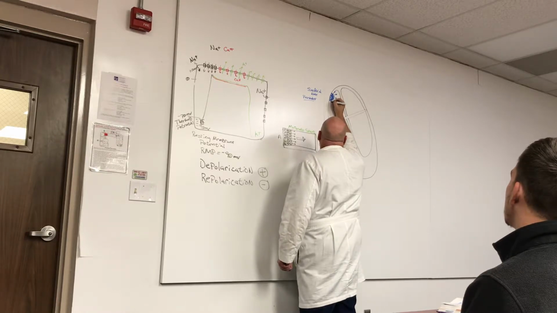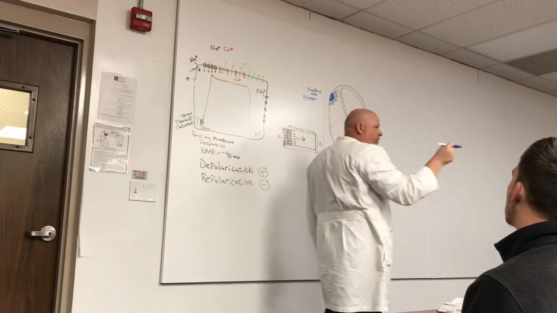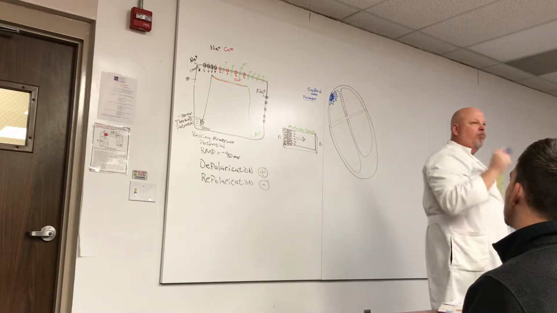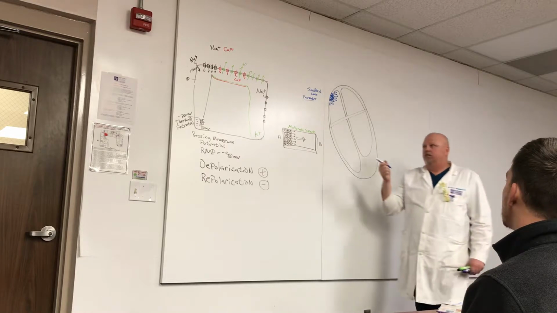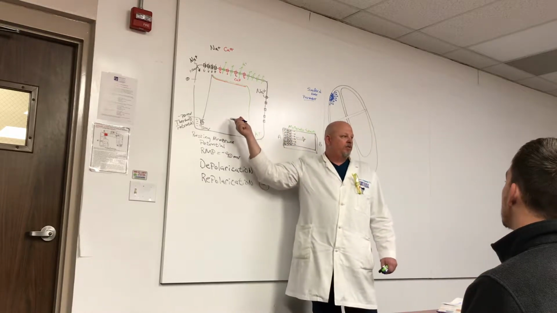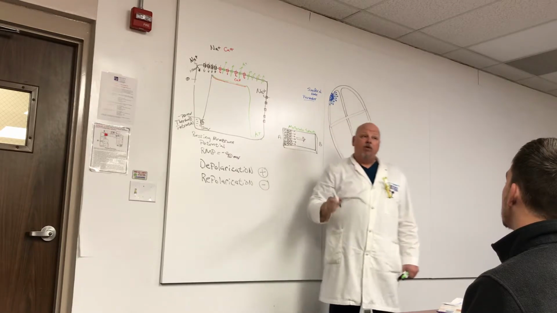But we need to show what? What do the arrows represent? A vector of what? A direction of what? What are we representing by the vector? The sodium thing. What's this called? Depolarization. We're representing depolarization.